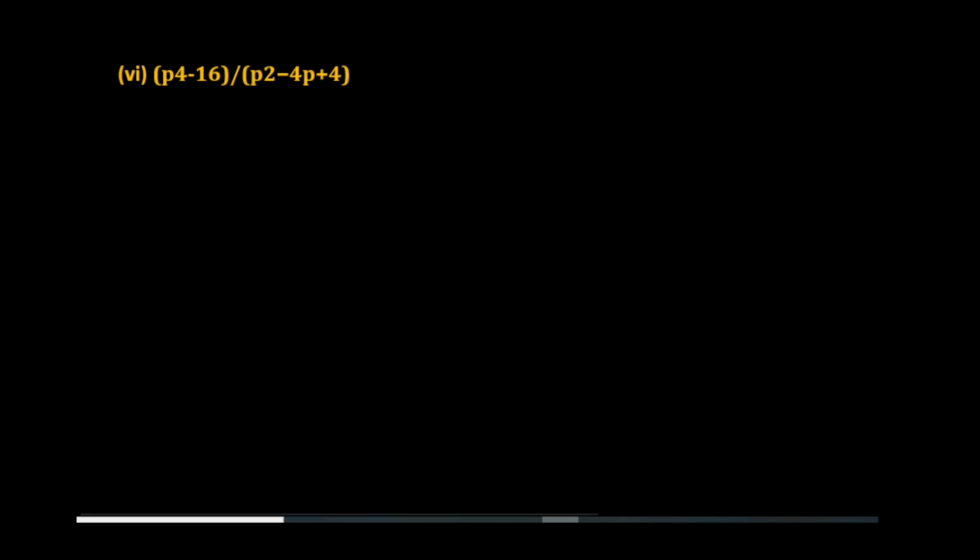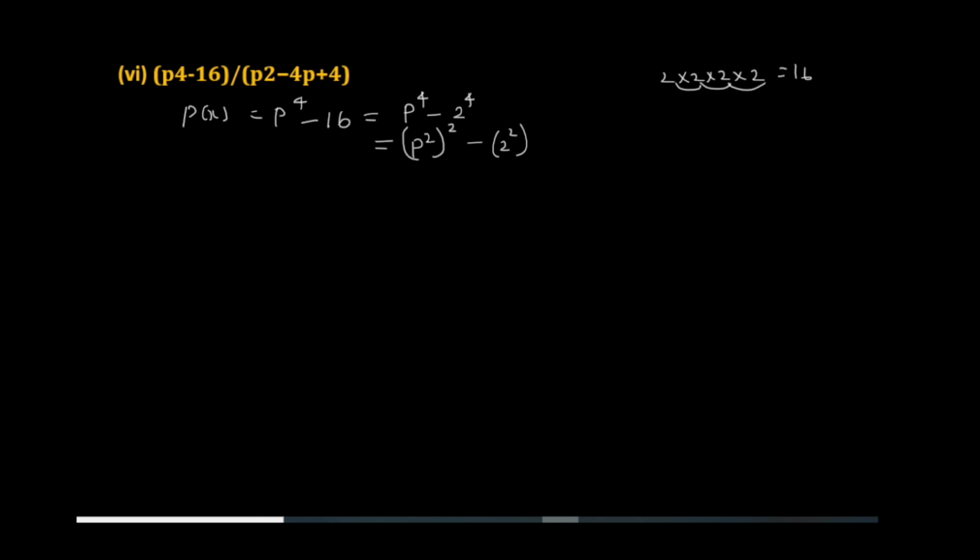Now our p of x here is p power 4 minus 16. When we are writing 16 as 2 power 4, that is 2 into 2 into 2 into 2, 16. 2 2s are 4, 4 2s are 8, 8 2s are 16. So we can write 2 power 4, which is nothing but p squared the whole squared minus 2 squared the whole squared.